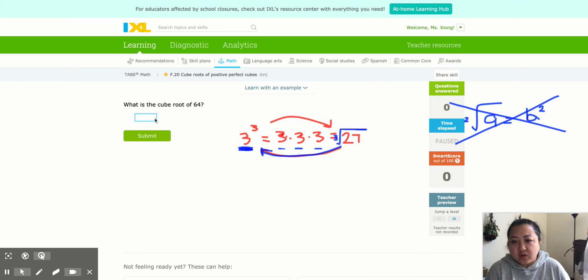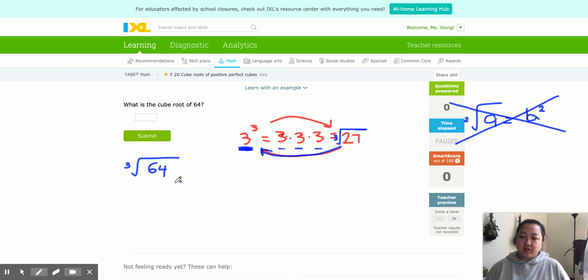Sometimes, less is more. So we're looking at the cube root of 64, all right? So how I would solve this is I would think, okay, if we get the 3 here to show its cube root, what times what times what is 64? Think about it. Well, a lot of us know this.